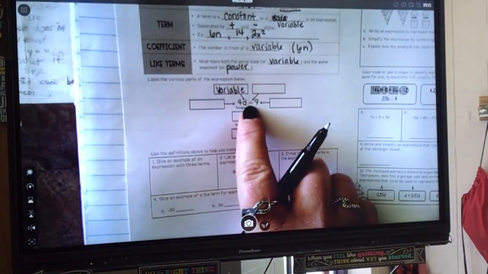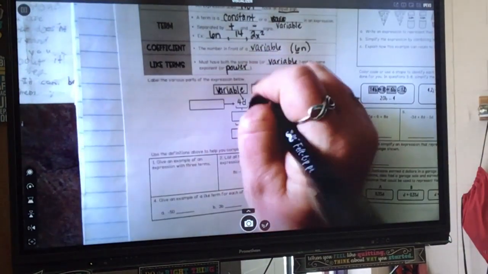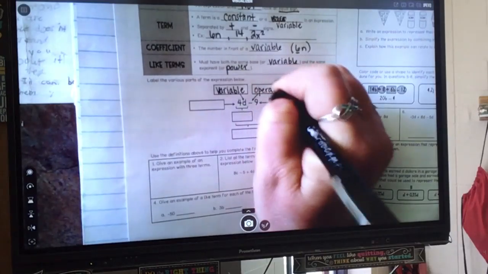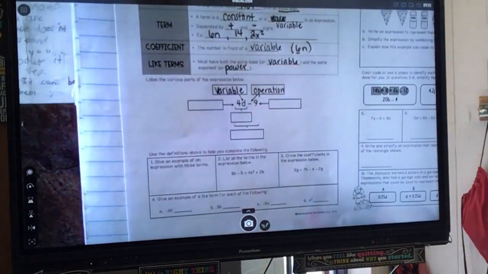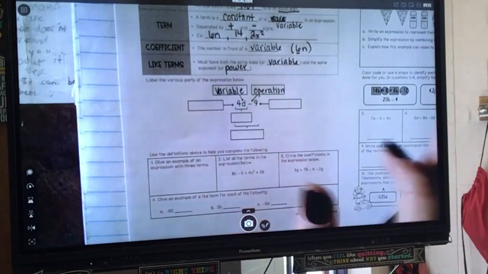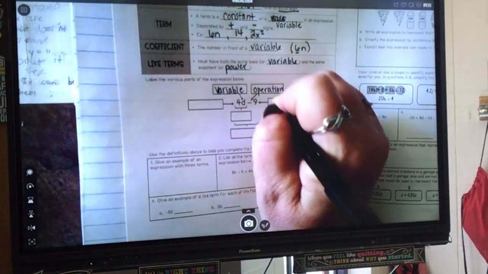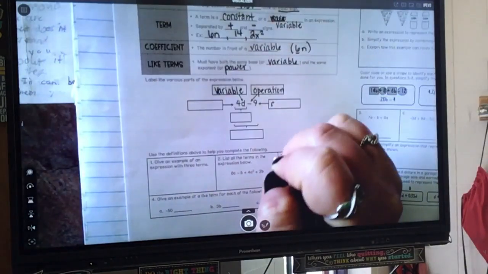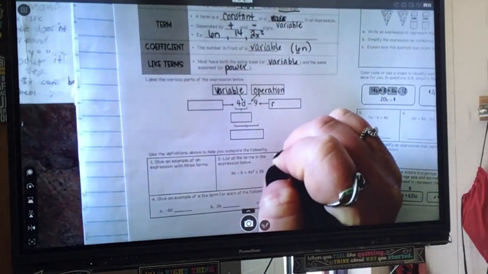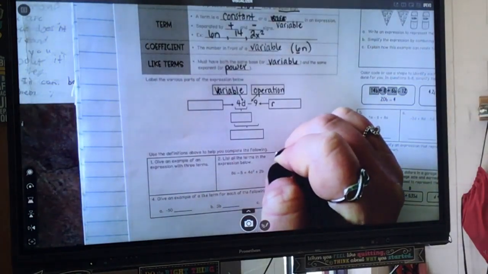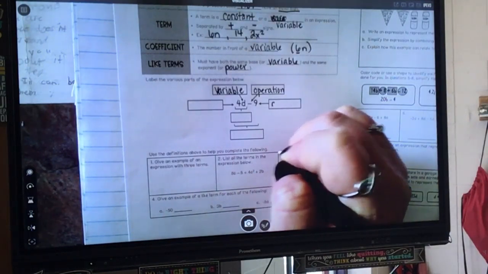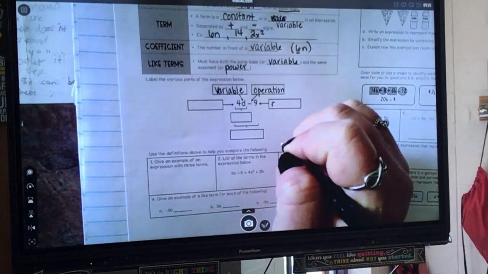Christian? Your operation. This 9 all by itself is known as what? Ace? Coefficient. Nope. All by itself. Starts with a C. It's a number by itself. Oh, constant. Yes.